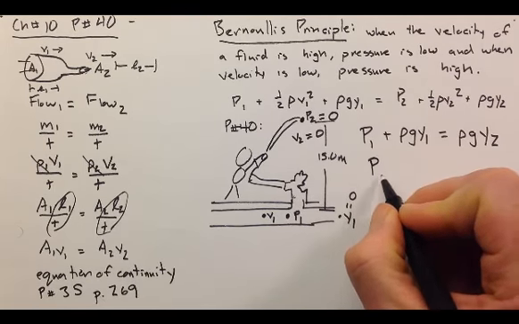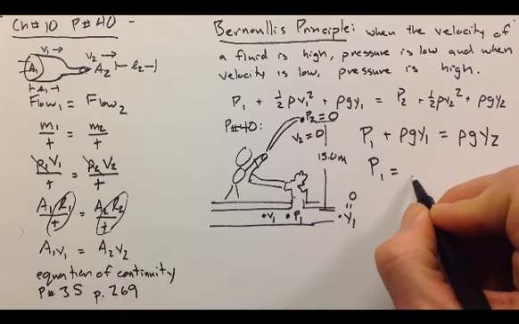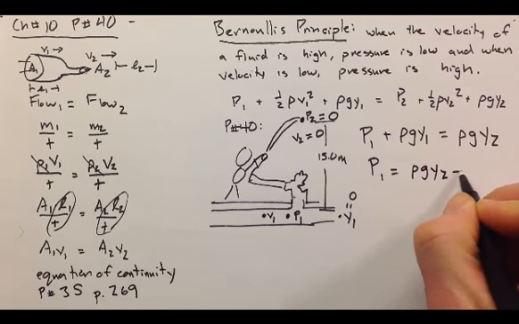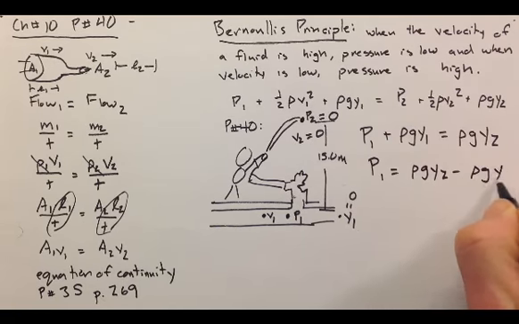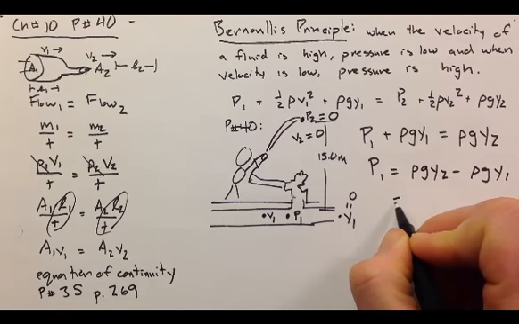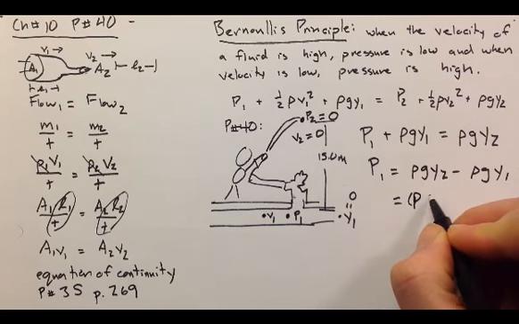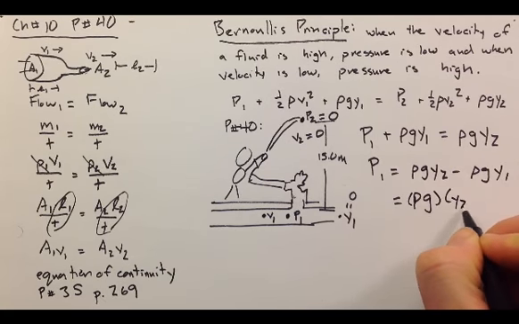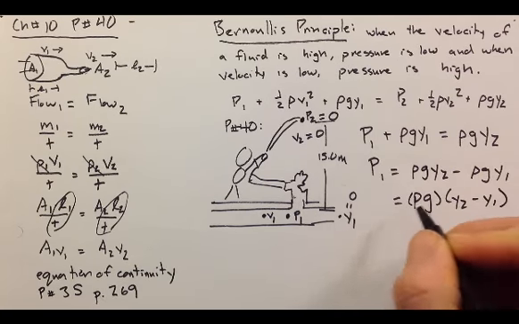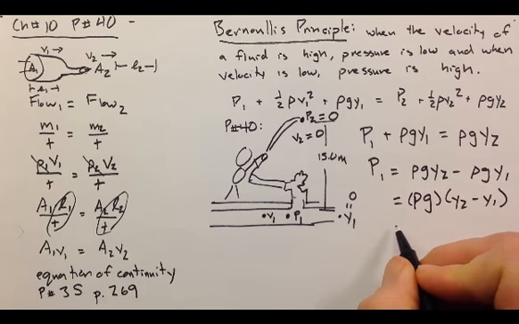So our pressure down here in the water main would have to be rho g y2 minus rho g y1, which is just rho g times (y2 minus y1). Here, rho is the density of our water.